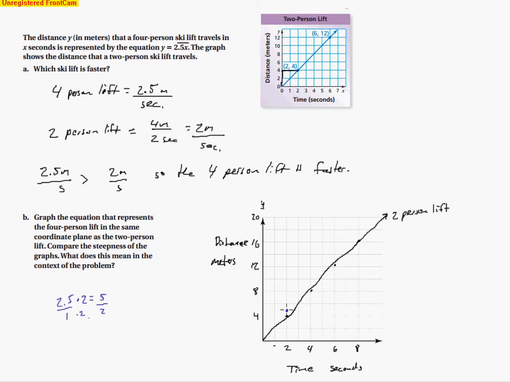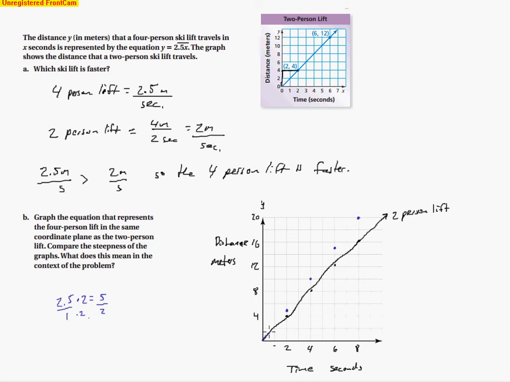I'll do that again: up 5 spaces, right up here, and that's at 10, and then over 2, putting me right there. And then I do that again, up 5 spaces and over 2, so you can see that line looks like this. Up 5 and over 2. So it's going to be just a little bit steeper.